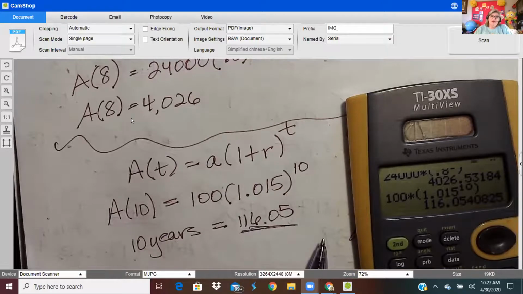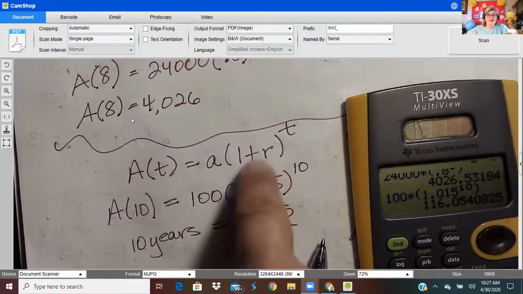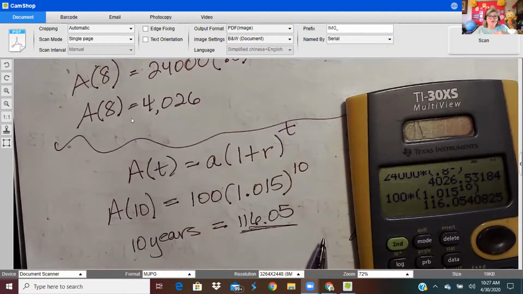Now, I know you guys well enough to say, I can hear you say, well, that's not a whole lot of money. This is a very simple example. Actually, in the real world, your money is compounded. That's a fancy word that we use for how many times your interest is paid to you, which is what this rate is, how many times your money grows.